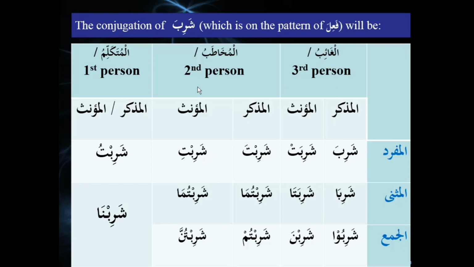And then for second person we have sharibta, sharibtuma, sharibtum, sharibti, sharibtuma, sharibtunna. And for first person, al mutakallim, we have sharibtu and sharibna.